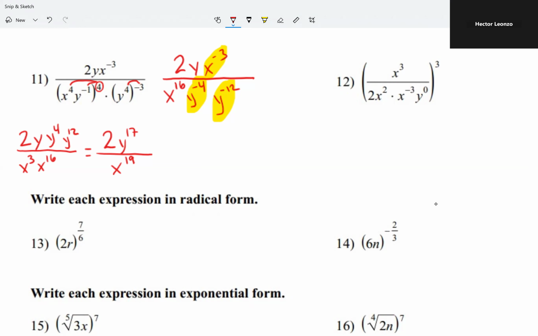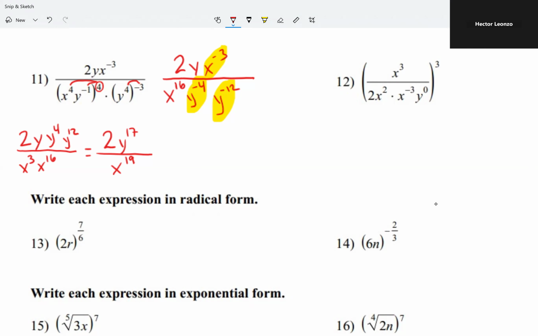Another thing I would do is combine my x's and my y's. If I have x's on the top and bottom, subtract the exponents. If I have y's on top and bottom, subtract the exponents. I'm looking if I have a letter that is both top and bottom. In my case, I don't have it.